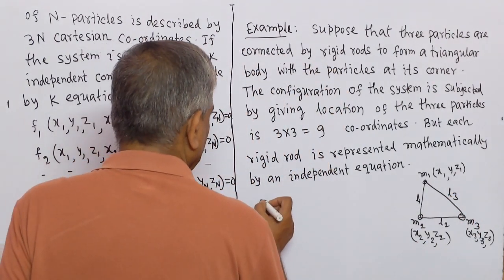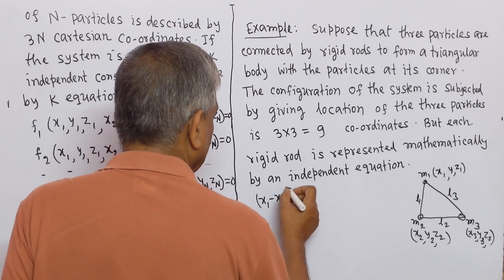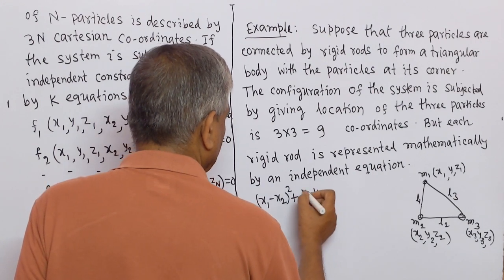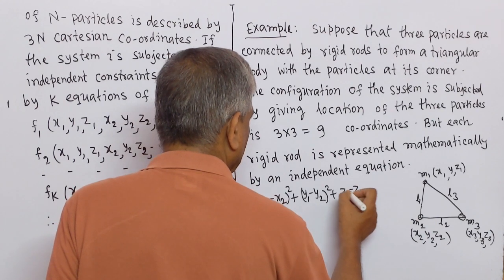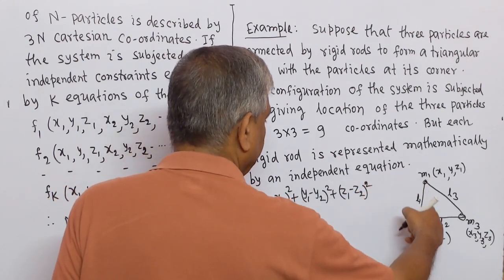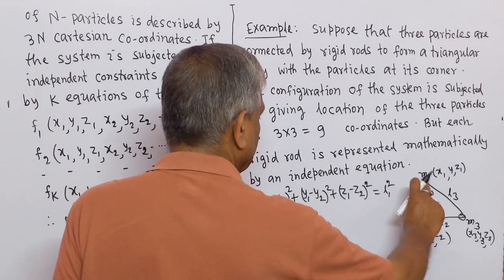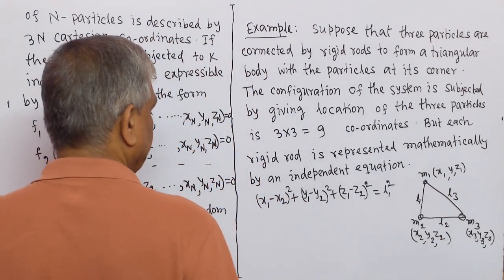So (x1 minus x2) whole square plus (y1 minus y2) whole square plus (z1 minus z2) whole square is equal to L1 square. This is constant, rigid rod means the length is constant.